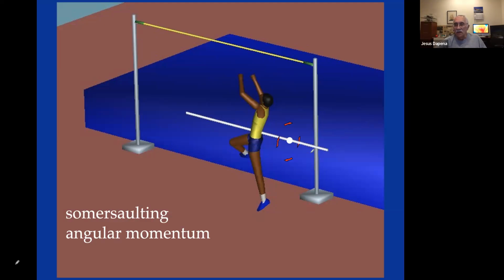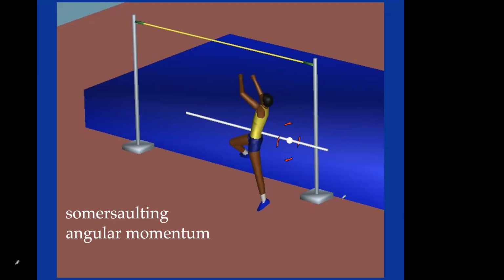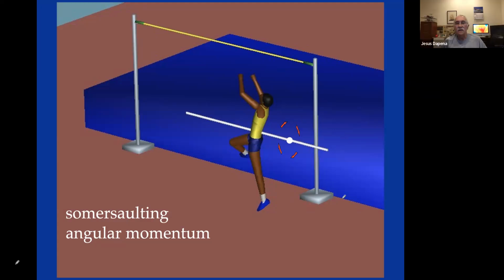If you look at these little arrows here, these red arrows, they show you the direction of that rotation. And this rotation will produce this position on top of the bar.